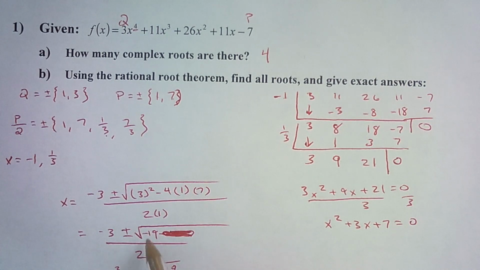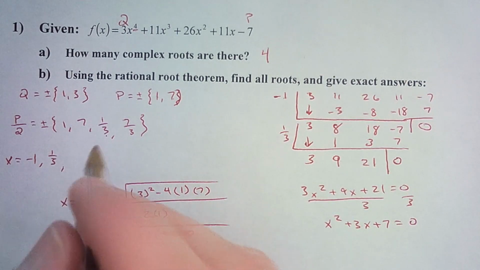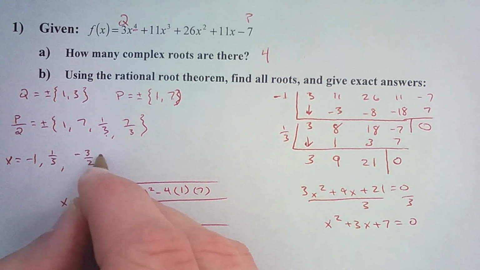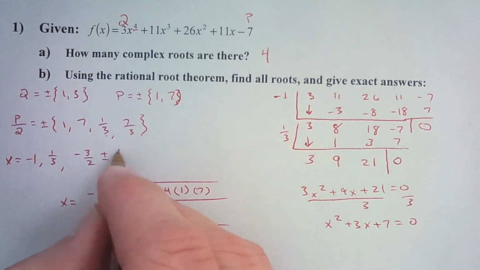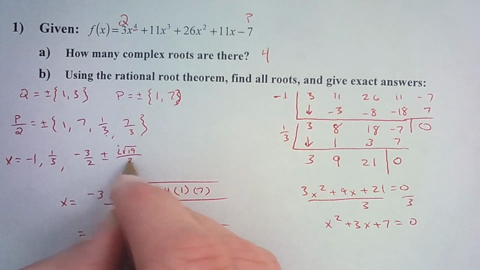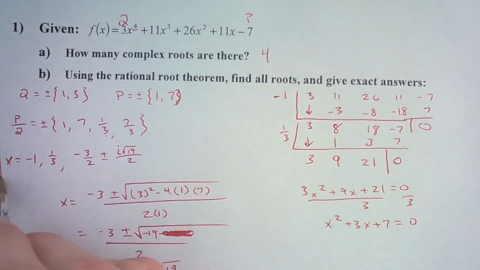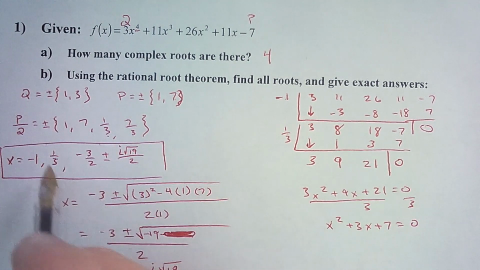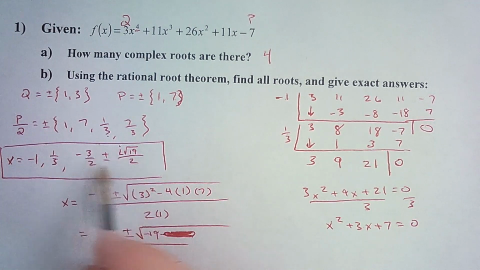So when I have a negative under a radical, I want to do the square root of negative 1, which is i. So my final 2 solutions are negative 3 halves plus or minus i times the square root of 19 over 2. So there's my roots, and this represents 2, one with a plus, one with a minus.